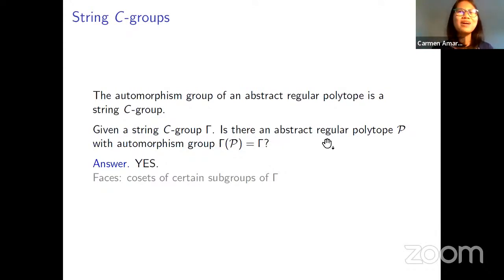Is it possible to find an abstract regular polytope P whose automorphism group is that string C group gamma? This question has already been answered, and the answer is yes, it is possible to find such a polytope. We shall not show the details of the construction, but the idea behind it is we shall take as the faces of the polytope cosets of certain subgroups of the string C group.